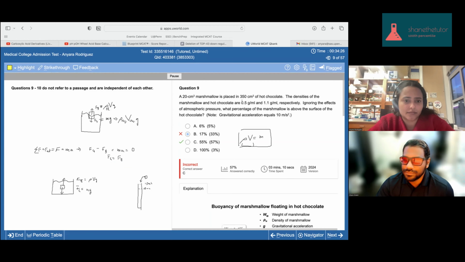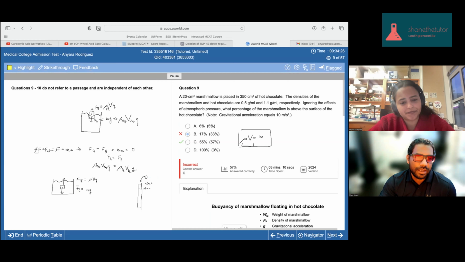And then we can plug in the expressions that we made that have the density terms in there. So density of the object, volume of the object, that's really volume of the object that's submerged, times g is equal to rho of the fluid, volume of the fluid displaced, times g, right?